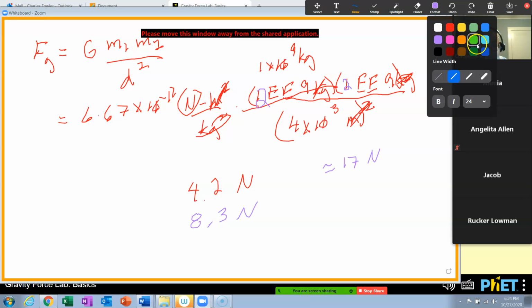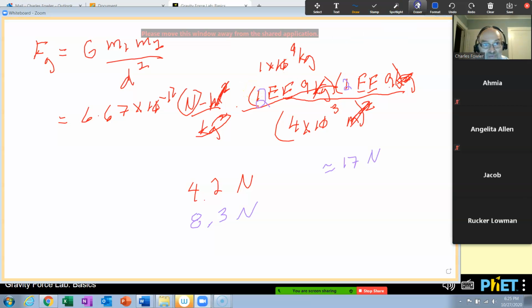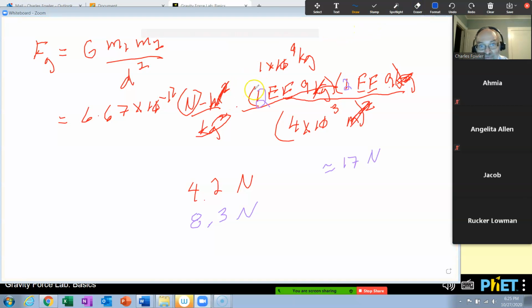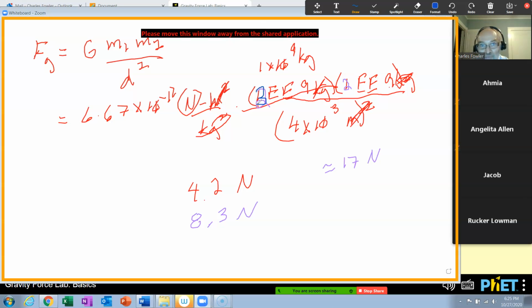Which blue? Dark blue. Okay, there we go. So now we've increased this one to, let me just see if it'll let me erase now. No, it won't. Okay, so this is going to go to 3 billion kilograms.